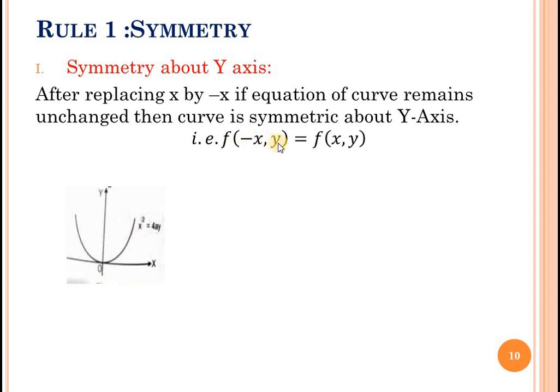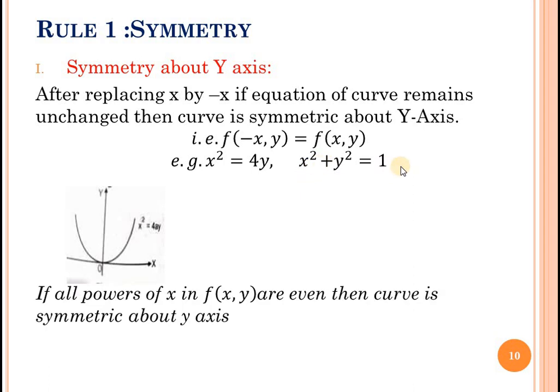So f of minus x comma y is f of x comma y. x square is equal to 4ay is one example. Another is x square plus y square is equal to y. So what we observe is, if all powers of x in the given equation are even, then the curve is symmetric about y-axis.